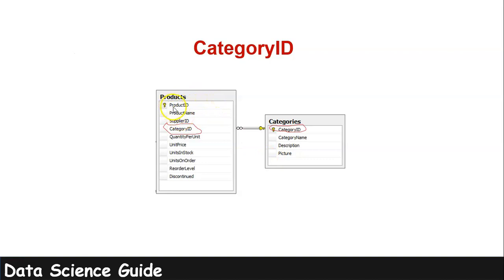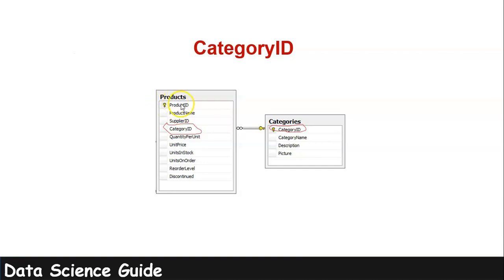Each field represents a piece of data about a certain product. The first one is the product ID, the second one is the product name, the third one is the supplier ID, the fourth one is the category ID, and so on. Each of them is a column or a field, and the data is stored under each of them.